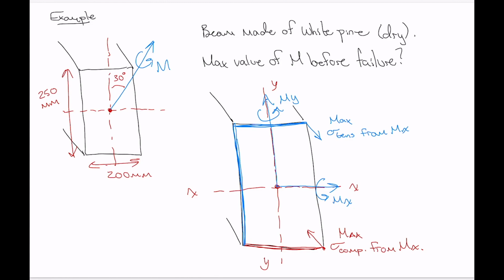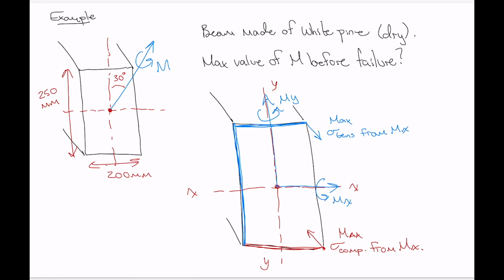Okay. So again, just considering My, the level of tensile stress is increasing, moving away from the neutral axis of bending until we get to the maximum tensile stress on the edge from My. So 0 along the neutral axis of bending for My and increasing as we move outwards.